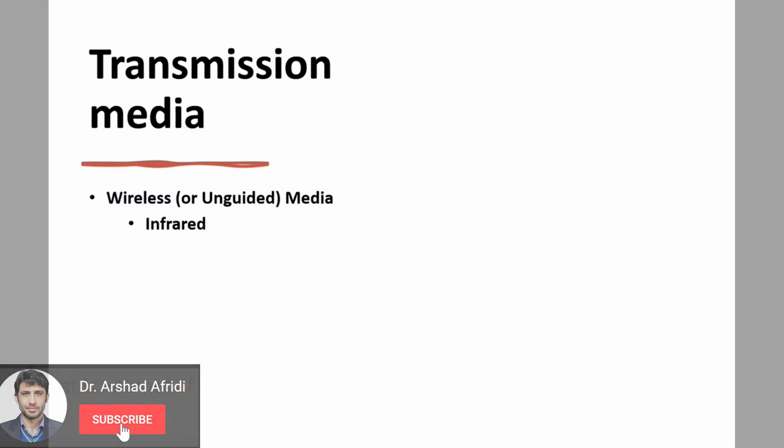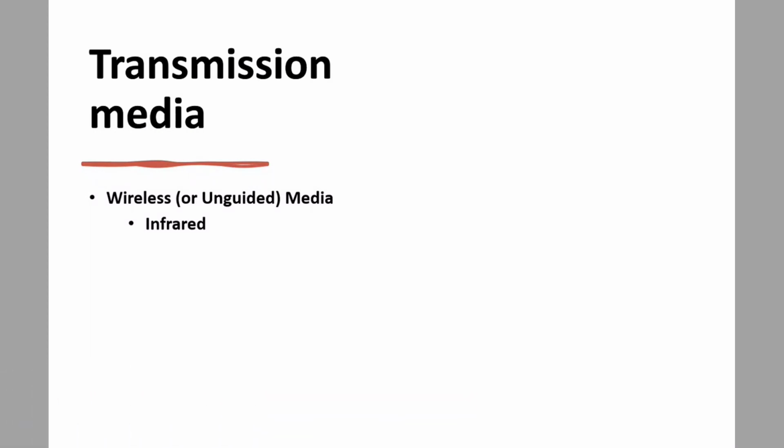One is infrared. Has anyone used infrared on their phone to send a file? The older mobile phones, like Samsung or Ericsson, had a small blue rectangle on one side of the phone. That is the infrared communication channel. You connect two phones together and you can send your file.